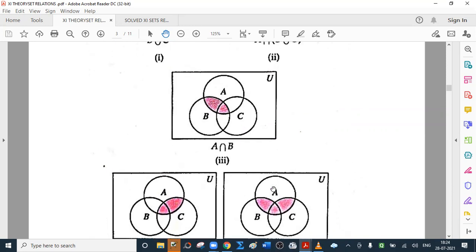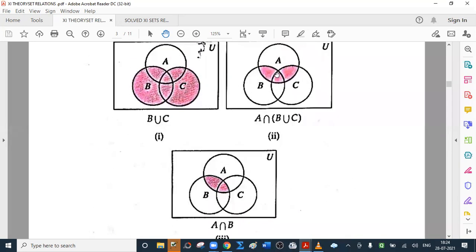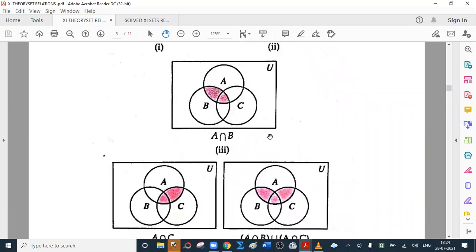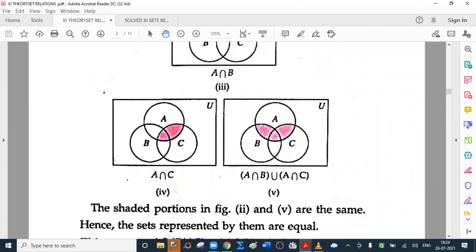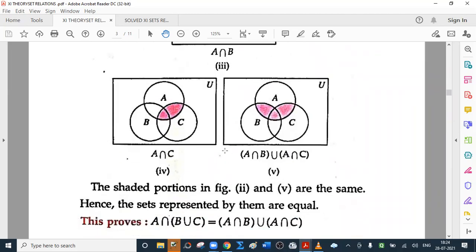See, this shaded region is the same as this one. So I can say that the shaded portions in figures 2 and 5 are the same. Hence, the sets represented by them are equal. This proves second distributive law that intersection distributes over union.